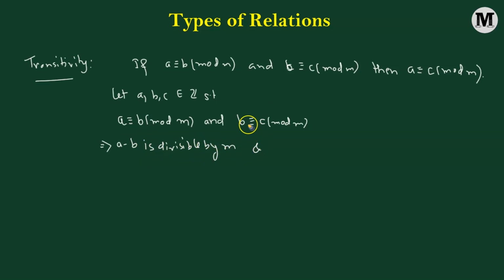And B congruent to C modulo M means that B minus C is divisible by M as well.